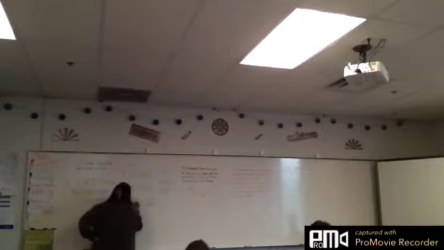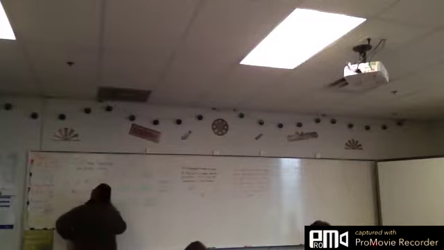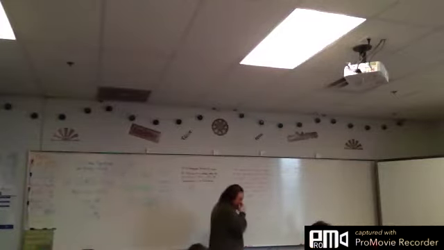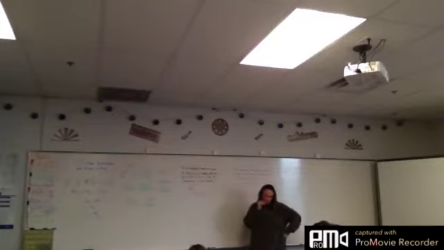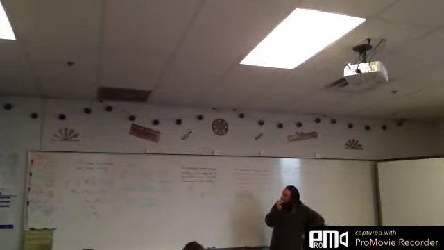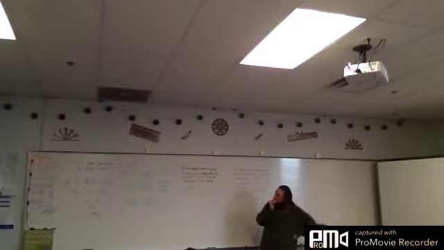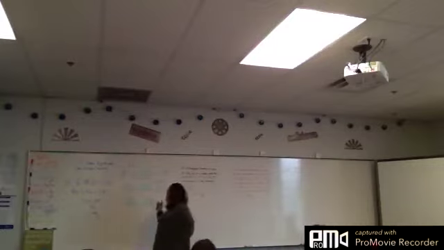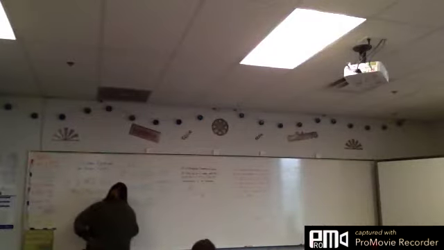What can I do from there? How would I solve it from there? They're set equal to each other, correct? You could cross multiply. So if I cross multiply, I get x plus 2.